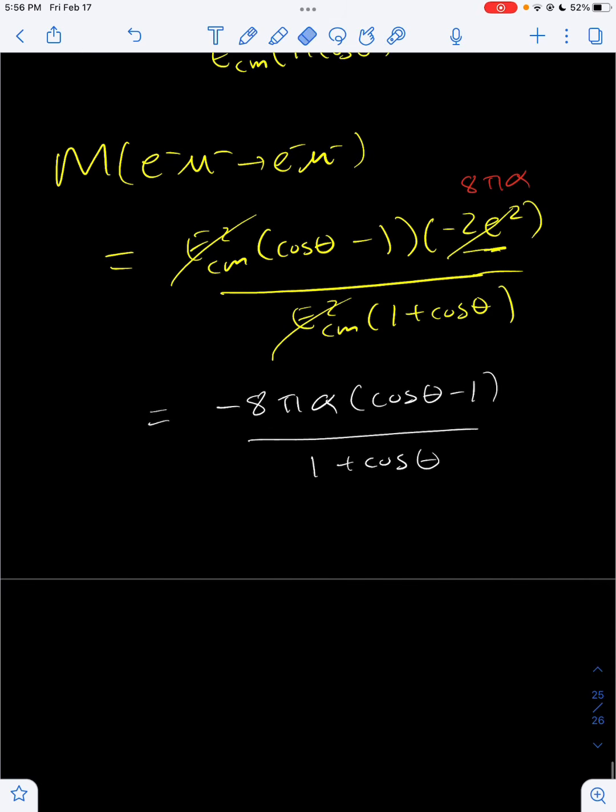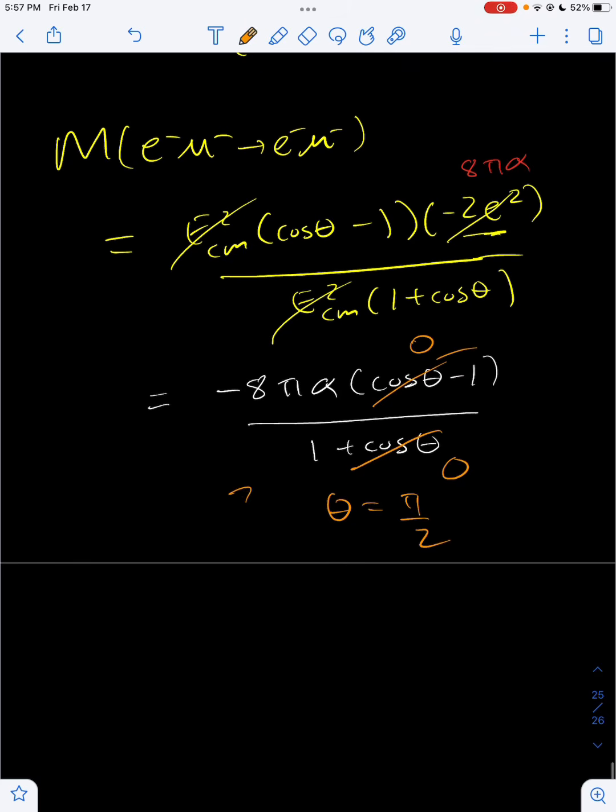Now, if we were to plug in theta equals pi over 2, this is just going to be 0, right? And then this would be 0 as well.